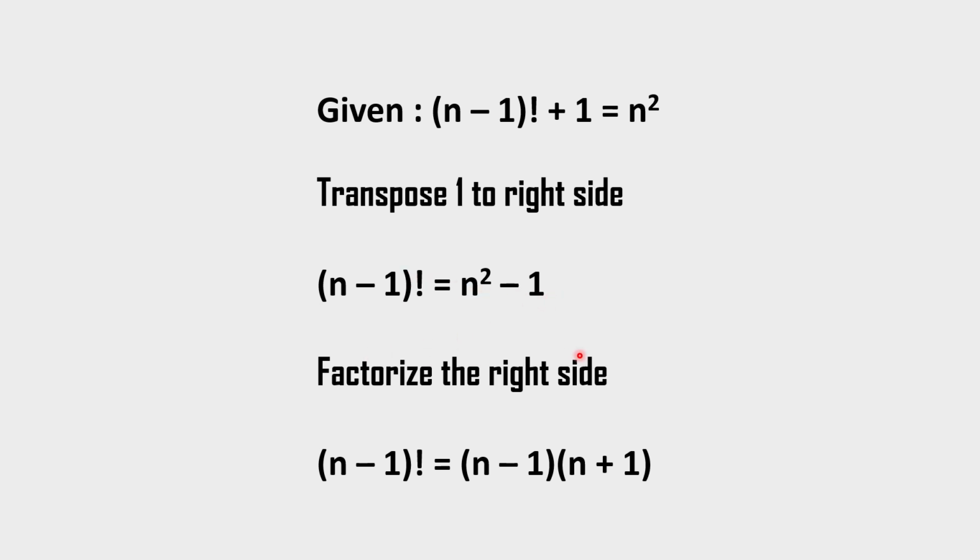Now factorize the right side: n squared minus 1, that is a squared minus b squared, (a plus b)(a minus b). So n squared minus 1 will be (n plus 1)(n minus 1). So we get (n minus 1) factorial equal to (n minus 1)(n plus 1).